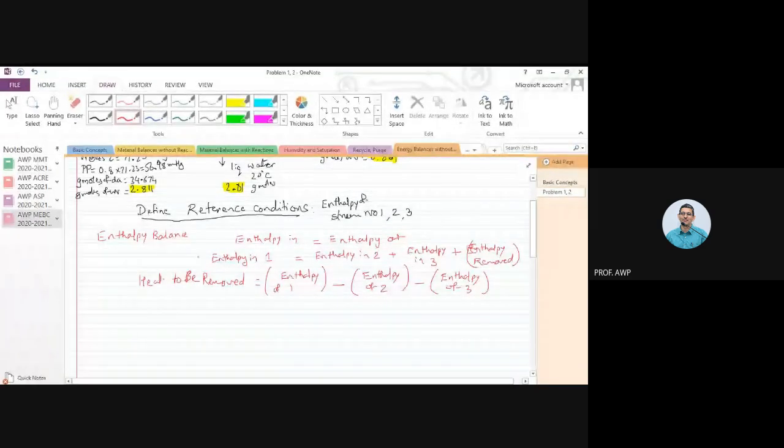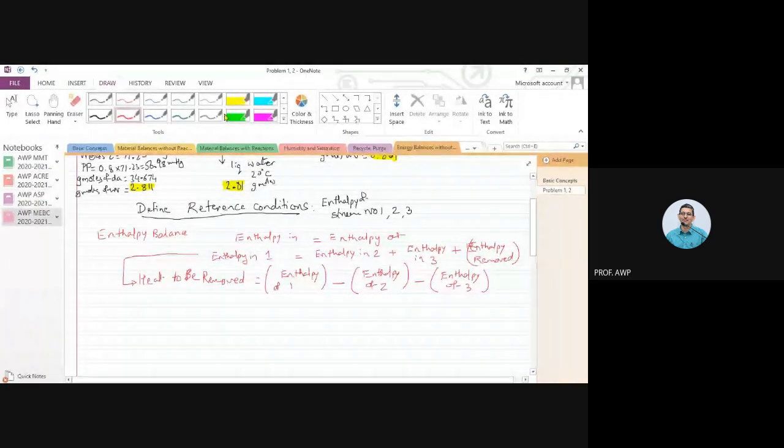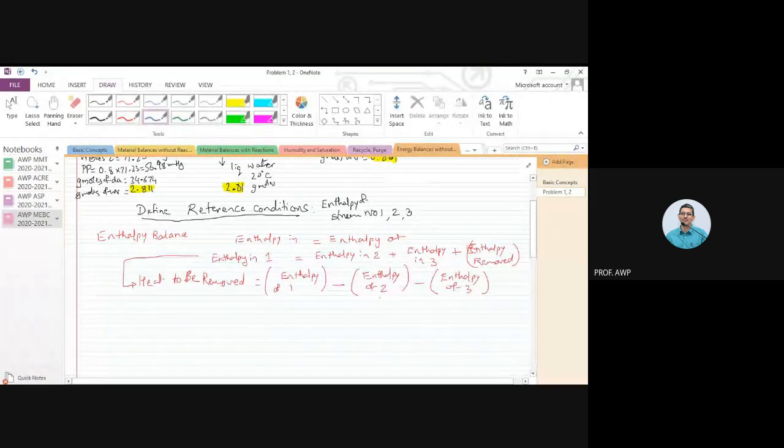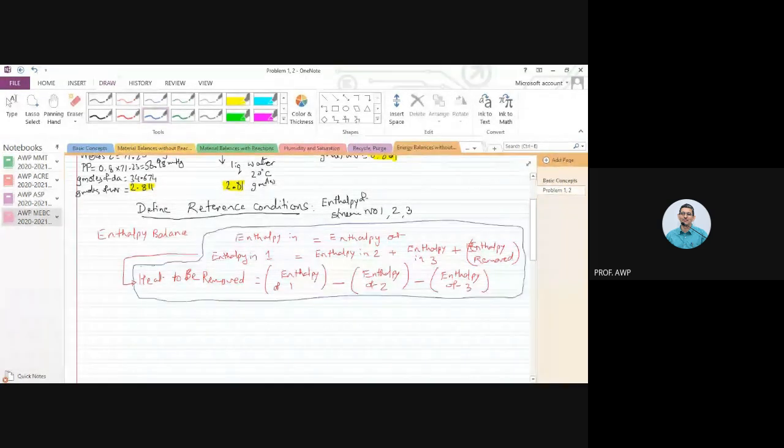This is just the same way as we have been writing our material balances. Do you agree with that? Right, and we will solve this problem in detail, and we'll make sure that we get the same answer.